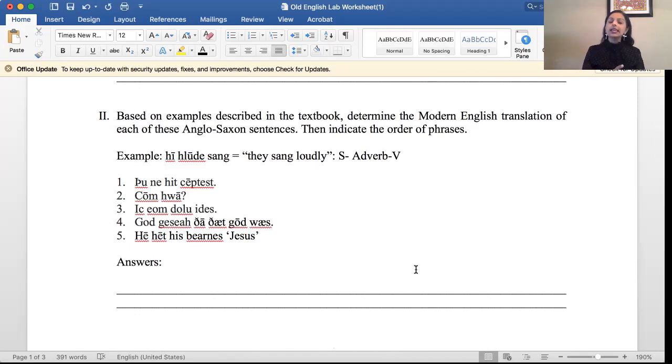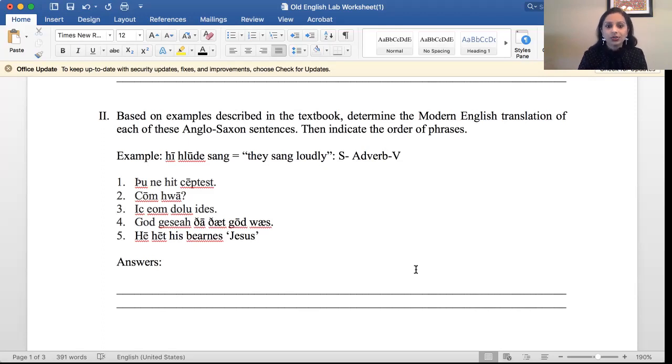So as you can see, the word order in Old English is different from modern English. Modern English is subject, verb, and object. But in Old English, you can see the adverb comes before the verb, versus in modern English, the adverb is always at the end. So they sang loudly, not they loudly sang. So I want you to do that for the sentences that I have given you here.